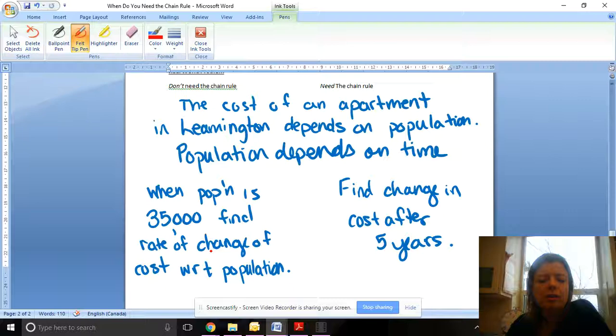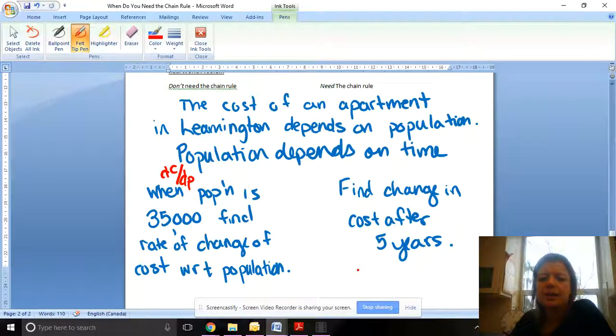So you don't need it there because these all just involve cost at population, which doesn't go into the next level of information, which is time. So in this case, this is just asking for dC/dP, which you're able to find, okay, since cost is already a function of population.